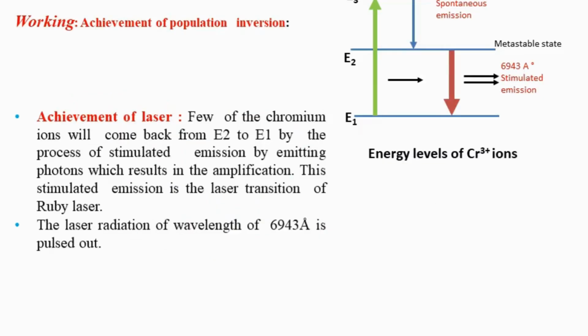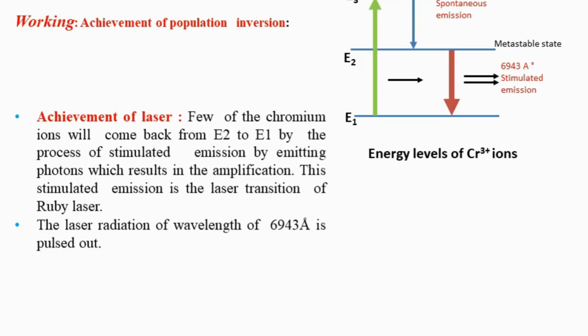Let us see the working of a ruby laser. In the figure, E1, E2 and E3 represent the energy levels of the chromium ion. In the normal state, the chromium ion is in the lower energy level E1. When the ruby rod is irradiated with light of the xenon flash, the chromium atoms are excited to the upper energy level E3.